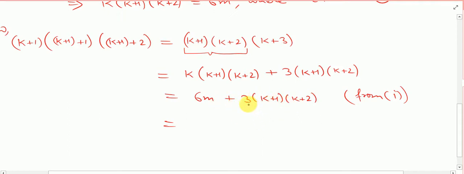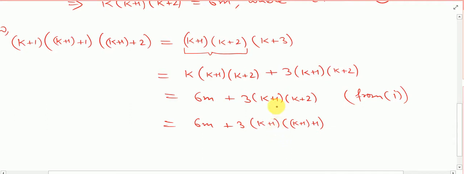Okay, so here this is a constant number 3, and here we have k plus 1, k plus 2. Okay, so here what do you observe is these two are consecutive numbers. Like k plus 1 and this k plus 2 is nothing but k plus 1 plus 1. So can you see these are, sorry, consecutive integers.